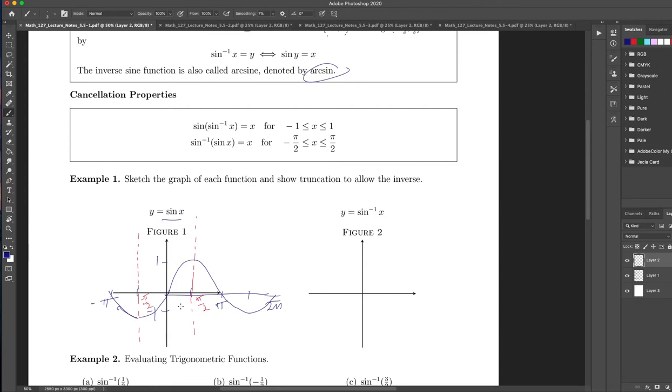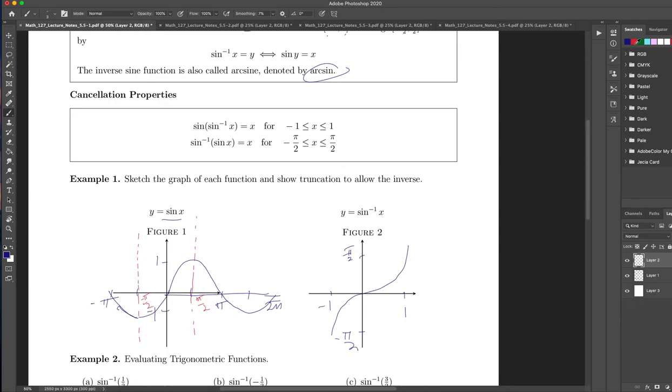For this, we're going to flip it, so it's going to go from -1. It's going to have our -1 here, our +1 here, and go all the way up to π/2 and all the way down to -π/2. Then we can draw this in: it comes in right here, goes up, and comes back in. And so here's our inverse function.